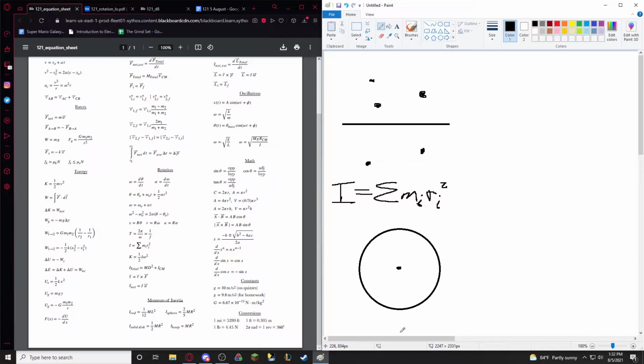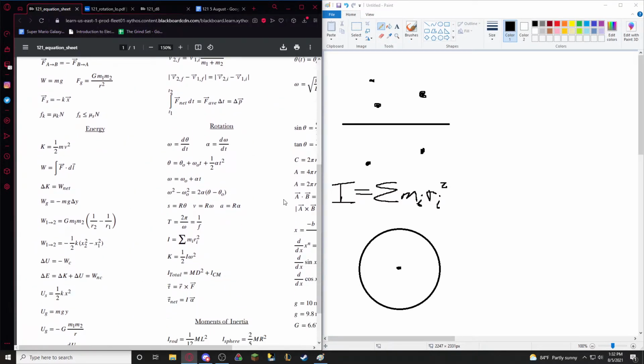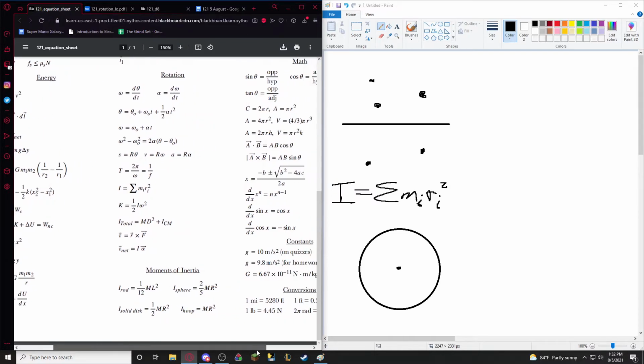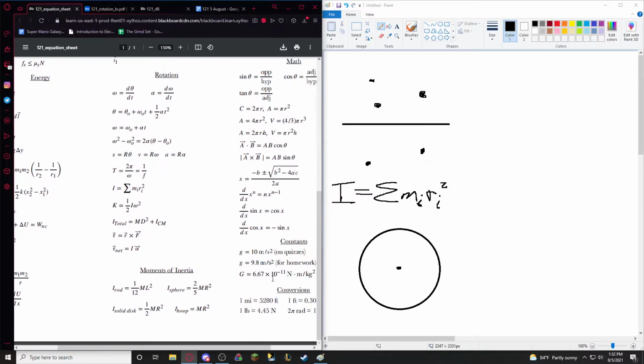We can't exactly just multiply two vectors together.